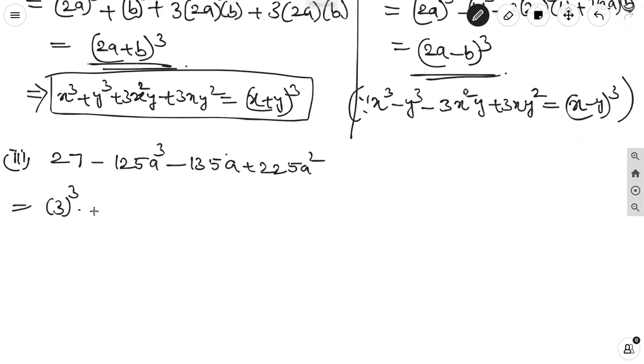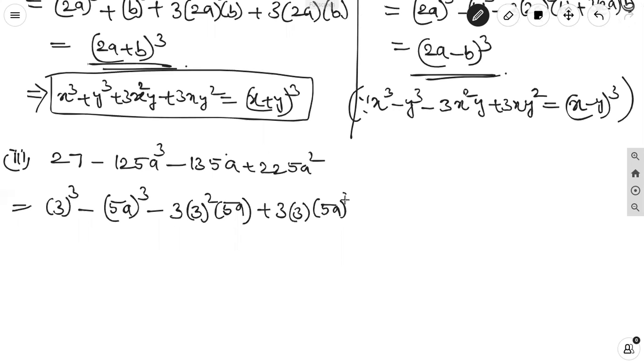So 3 whole cube minus 125a cube means 5a whole cube, 5a into 5a into 5a, we get 125a cube, minus 3 into 3 square into 5a plus 3 into 3 into 5a whole square. Just again you check it out. It is 27, okay. 5a whole cube means 125.